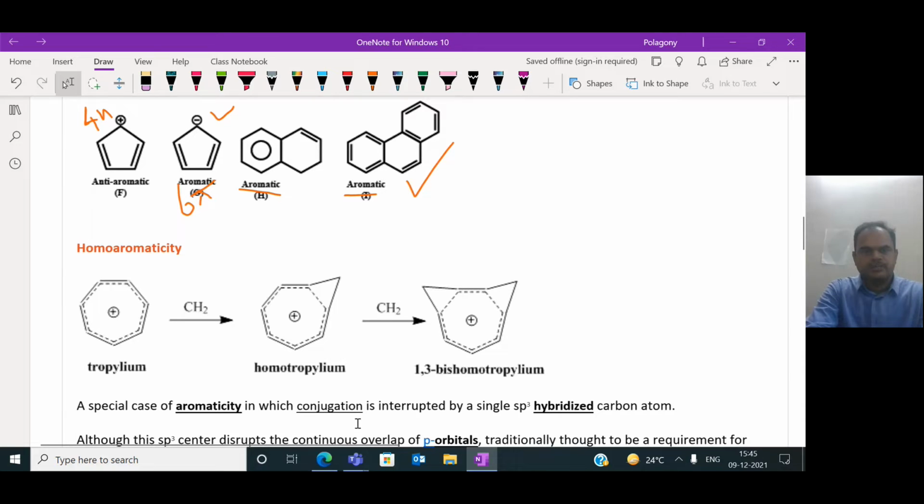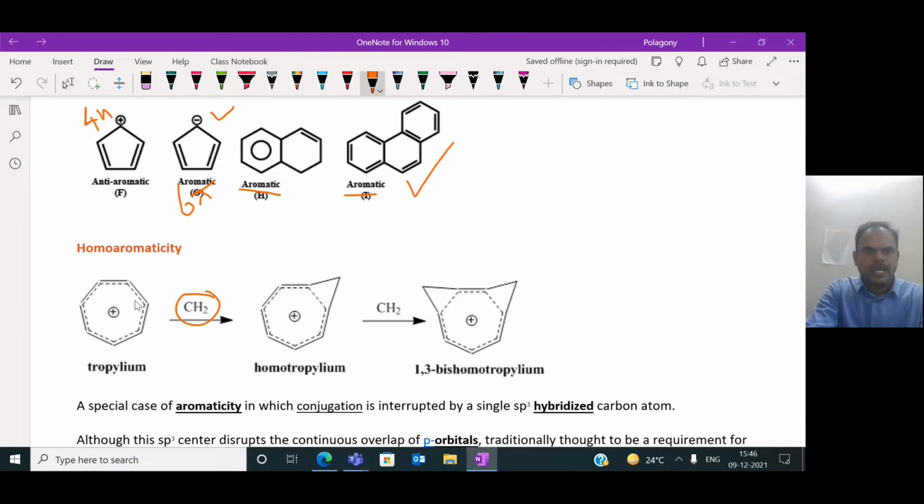With conjugation, meaning alternate double bonds, the conjugation is interrupted by an sp3 hybridized carbon. The sp3 hybridized carbon disturbs the conjugation property, by the introduction of a CH2 methylene group.